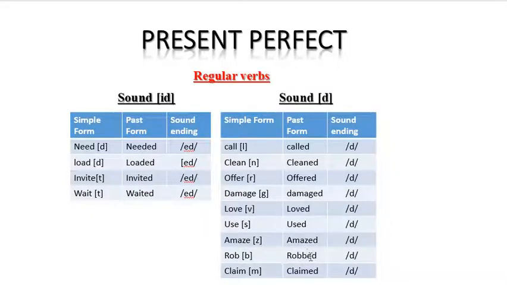That is robbed because it doubles the b. Climbed. Okay, that is the sound t, id, and d. So remember in your speaking, we need to apply the pronunciation. In writing, it's no problem because there is no sound. When we speak, we need to express the sound.